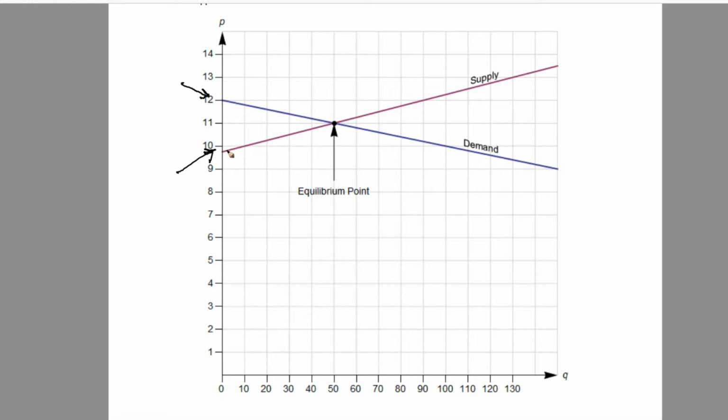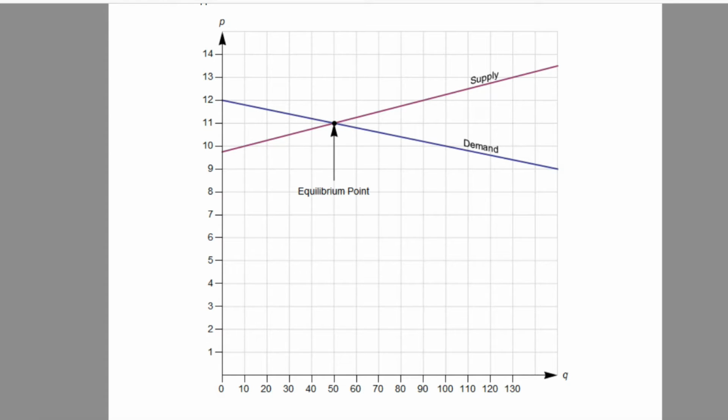And as we see, as the cost, the price, went up, the demand went down. And this is quantity. So we need to remember that price is our Y and quantity is our X.